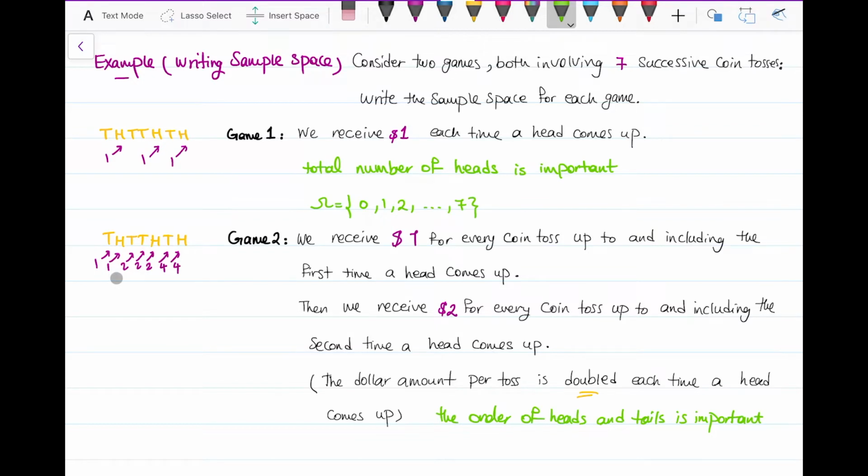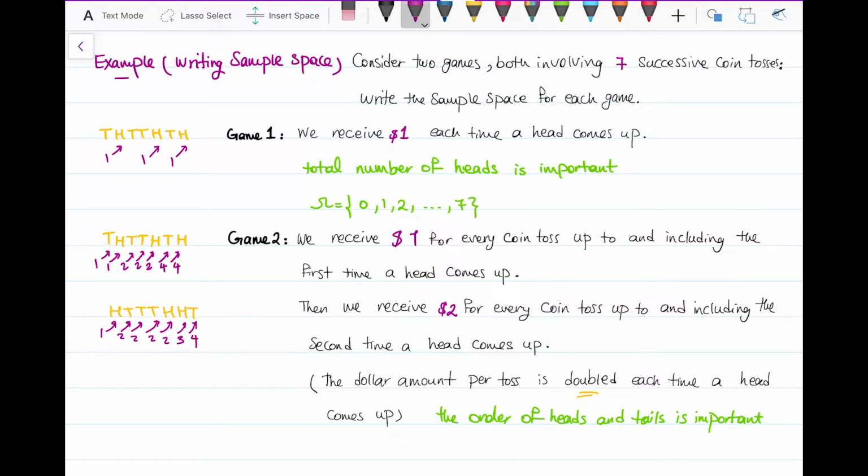Because if we get a different result, some other result like this: head, tail, tail, tail, head, head, tail. If we get something like that, I get $1 in here. Then I get 2, 2, 2, 2. Then I get 3.